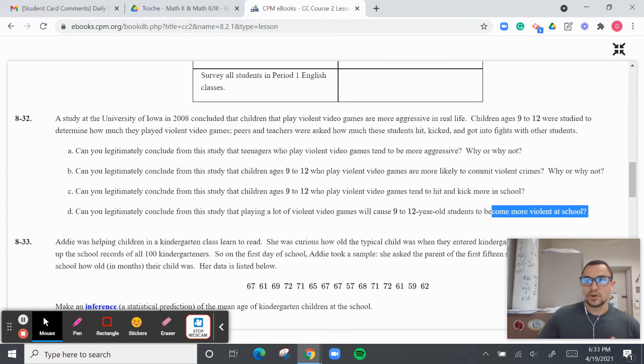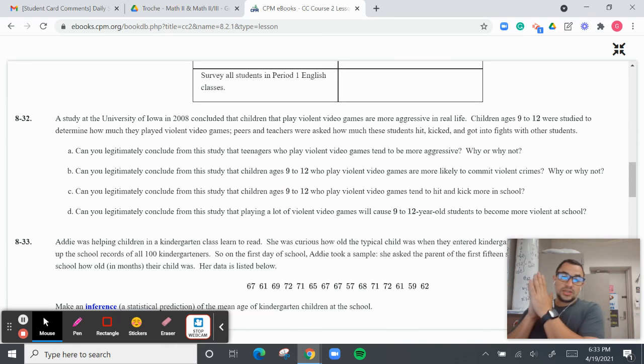Yes, but no. It's kind of hard to understand. It can be said that there is some sort of relationship, but we're not sure if it is the actual cause of becoming more violent.